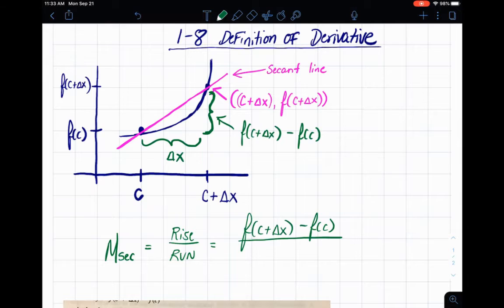And our run is delta x. And I guess we could make ourselves a note that this delta x came from doing c plus delta x minus c. Okay, so just so there's no confusion about where that came from later on. It all comes from this rise over run definition.